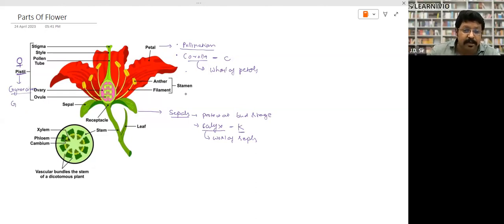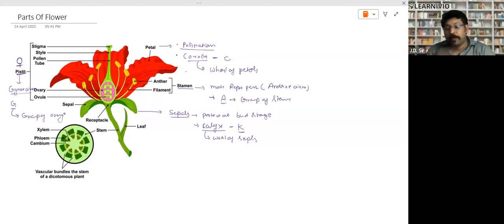Then the male reproductive part, the stamen, is called androecium. Androecium is represented by A. A is the group of stamens, and G is gynoecium, the group of carpels or ovary.